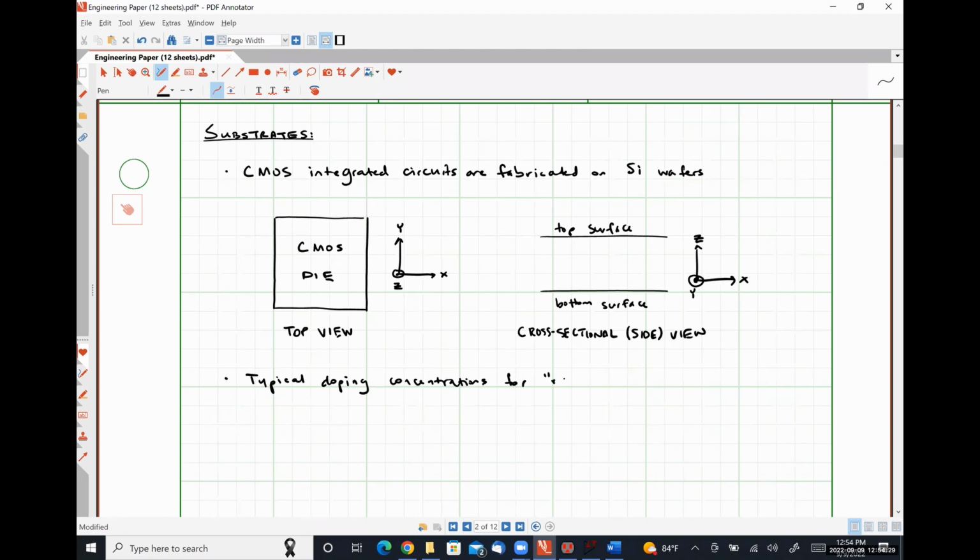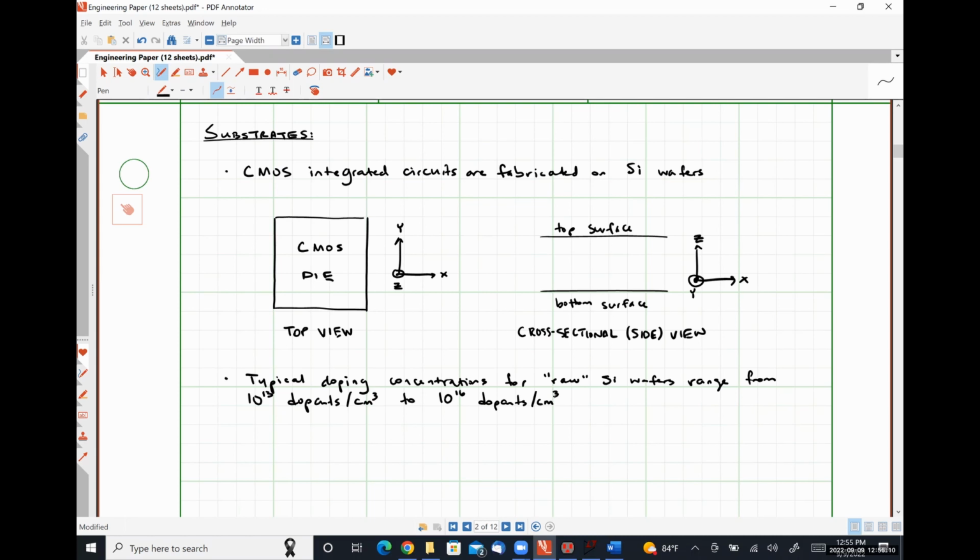for raw silicon wafers range from 10 to the 13 dopants per centimeter cubed, which we consider lightly doped, to 10 to the 16 dopants per centimeter cubed, which would be a medium doped wafer.